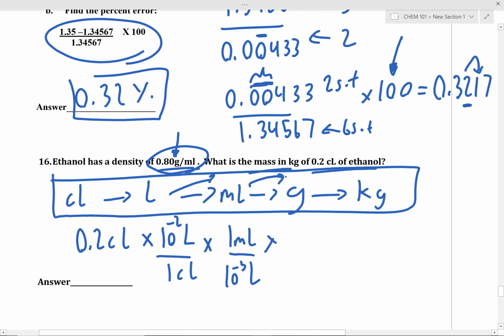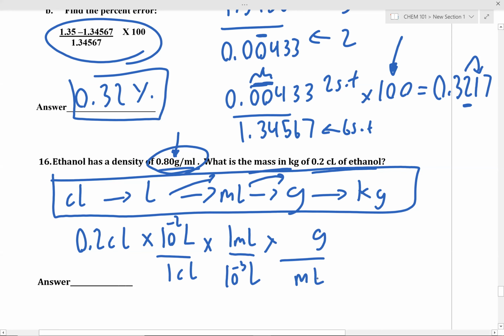And to go from milliliters to grams, what needs to be on top? Grams. So we need to have something in the form of gram per mil. Do we have that for ethanol? Do we have the density of ethanol?